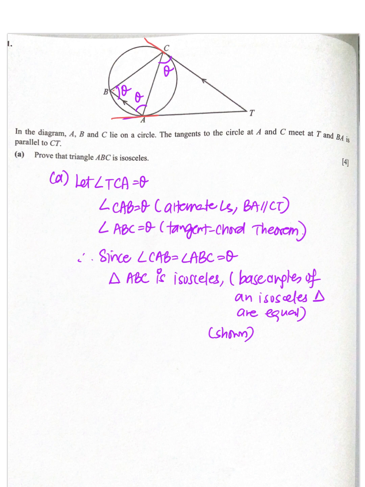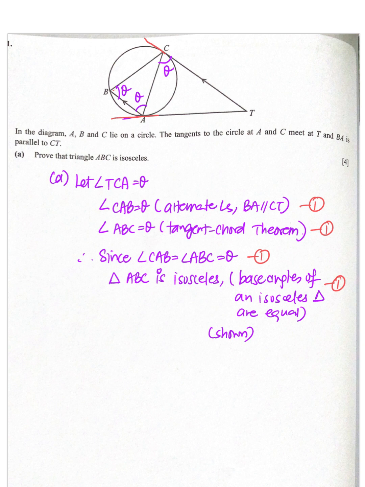First of all, you need to say that angle ABC equals theta. Reason: alternate angles, and then you quote the tangent chord theorem correctly. And then since this is equal to this, therefore it is an isosceles triangle. Okay, 4 marks. Quite easily done.